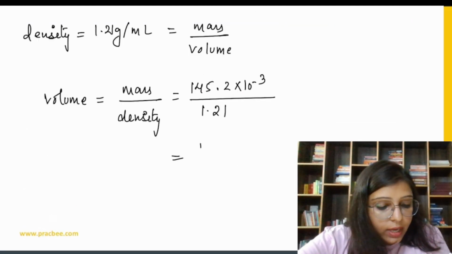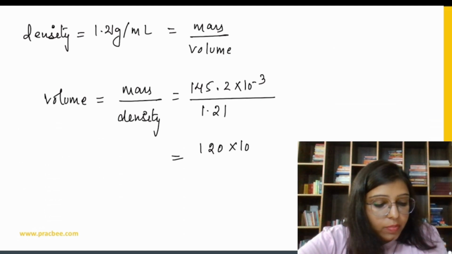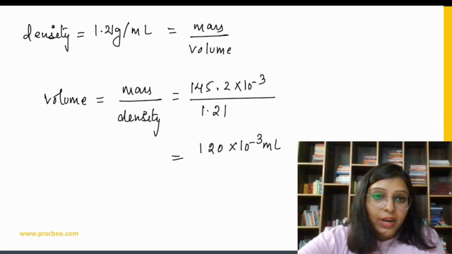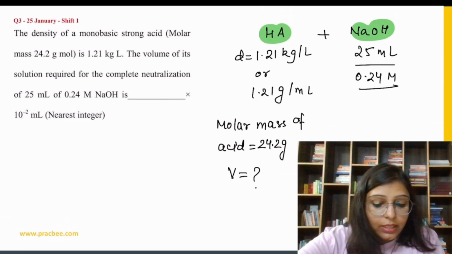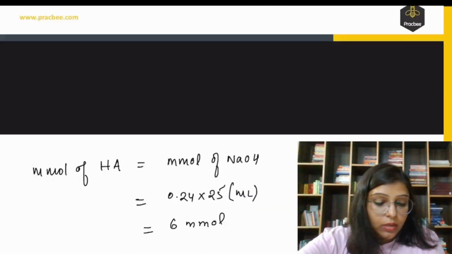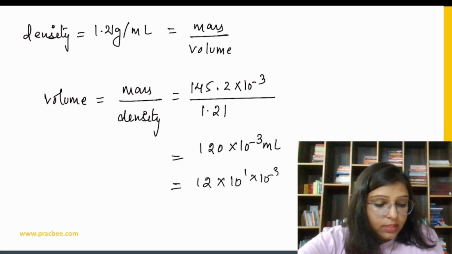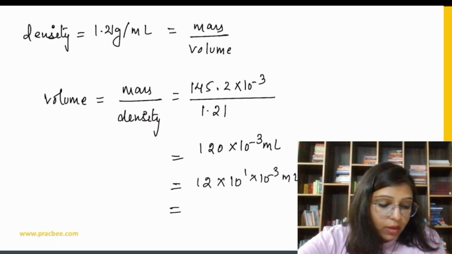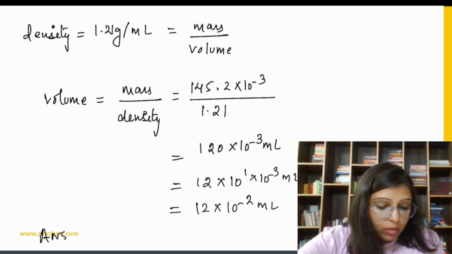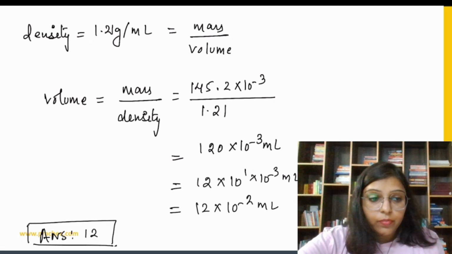On solving, we get 120 into 10 to the power minus 3 ml. But we have to report this answer in terms of 10 to the power minus 2 ml. So we write 12 into 10 to the power minus 2 ml. So the answer is 12.